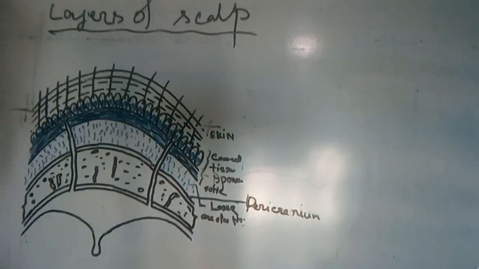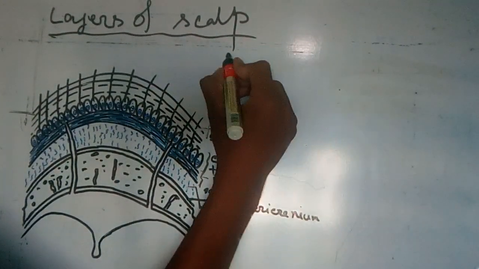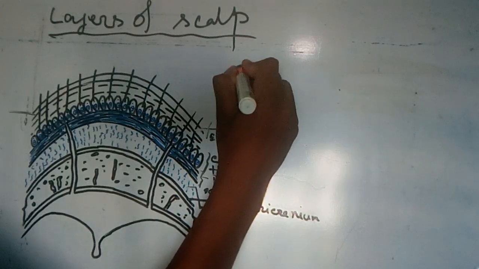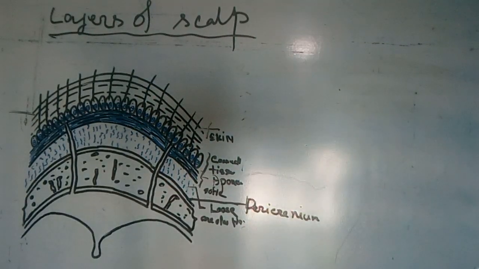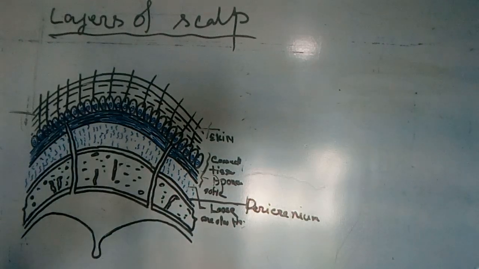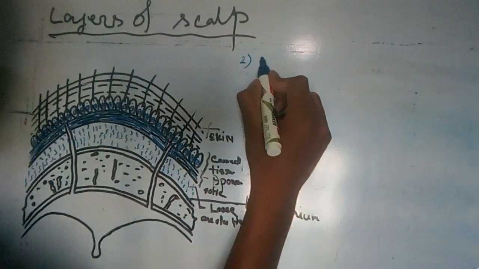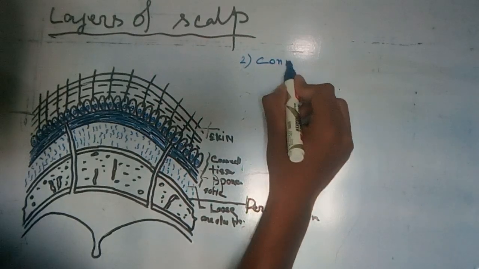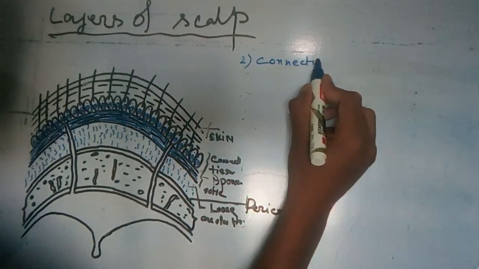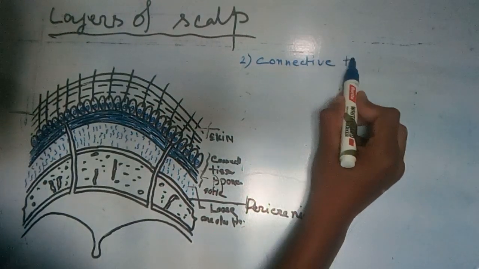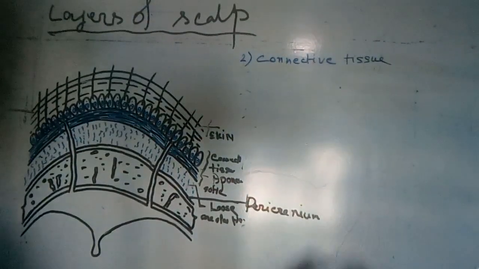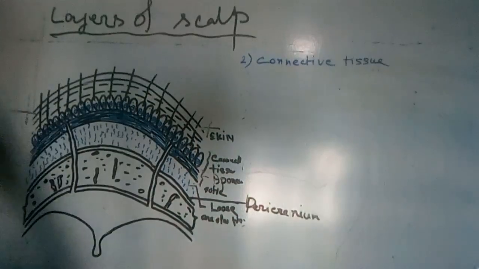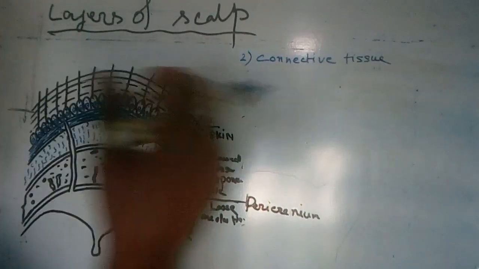The second layer is connective tissue, which is this second layer called connective tissue.